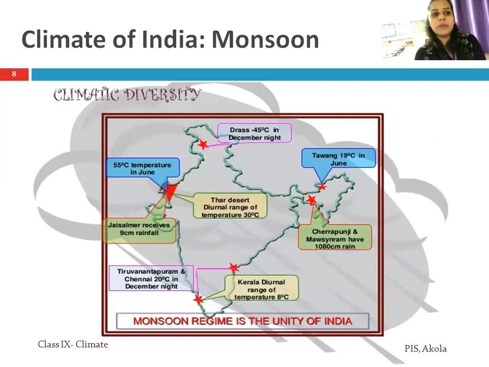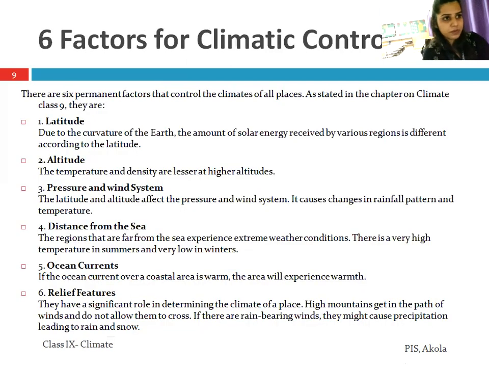Monsoon refers to the seasonal reversal of wind direction during the year, and that's how Asia experiences major seasonal changes, wherein India is the finest example. So the climate of India is described as monsoon. The map on the screen speaks about the same.